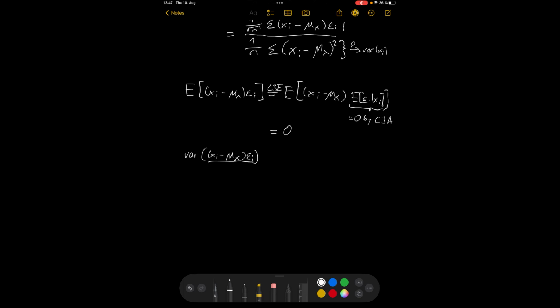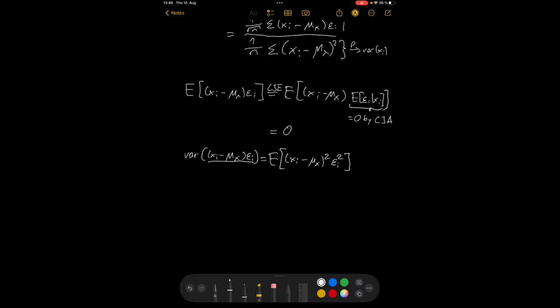So the variance of this is just the expectation of its square. So this is the expectation of (x_i minus mu_x) squared times epsilon_i squared. And that's all there is to it.